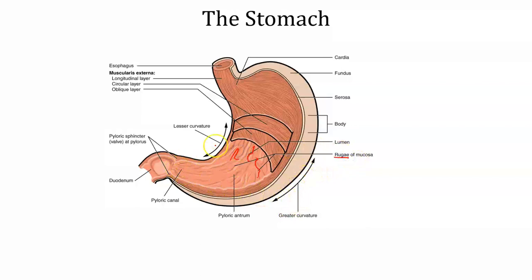On the distal end of the stomach is a part known as the pylorus, and the pylorus has the antrum, which will be like the narrowing into the final exit, and then there is going to be a really important ring of muscle, which is known as the pyloric sphincter. The pyloric sphincter closes, and it prevents things from getting out of the stomach prematurely.